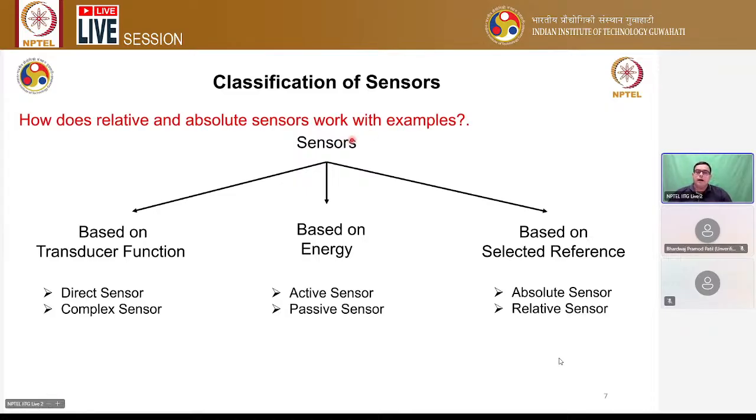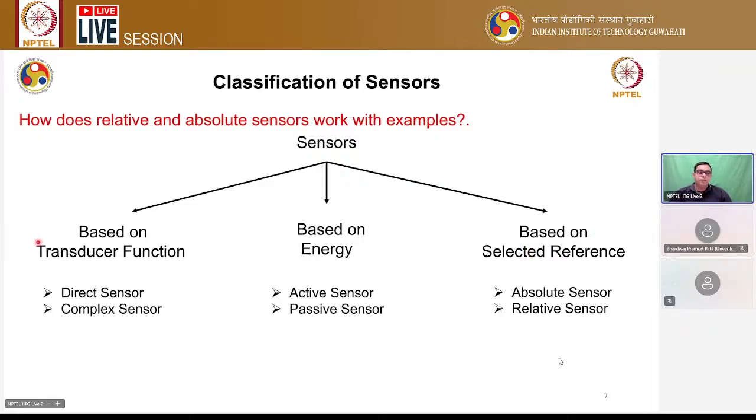If you remember, we did the classification of sensors in our first module, where we classified them on the basis of the transfer function that we can obtain from the transducer function available in the sensor. We have also classified them based on the energy that they utilize. We have also defined them based on the selected reference.